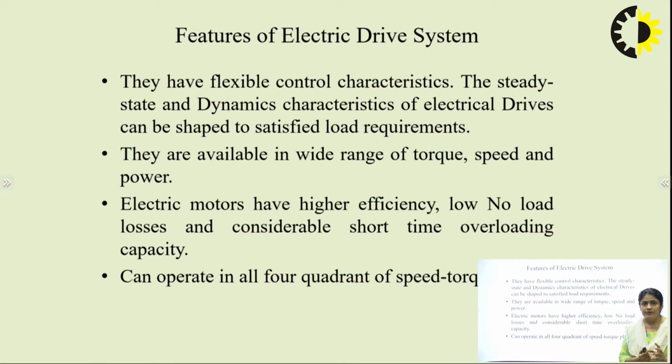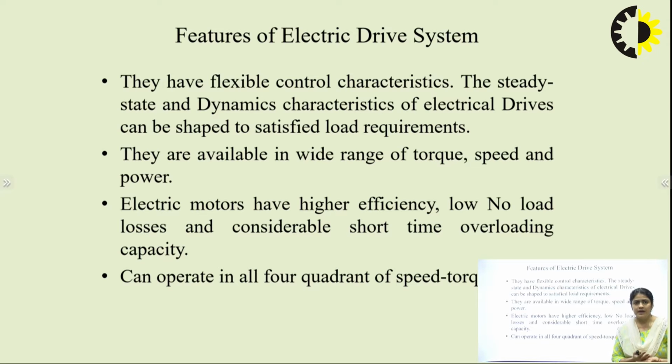With the help of electric drives, you can say it's a closed loop system. They have flexible control characteristics. We reach the requirement of the load, because the mechanical load can be expressed in terms of speed and torque characteristic.